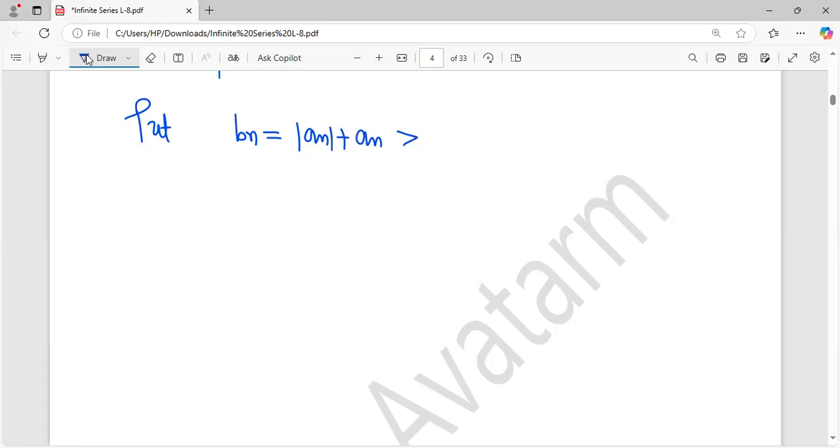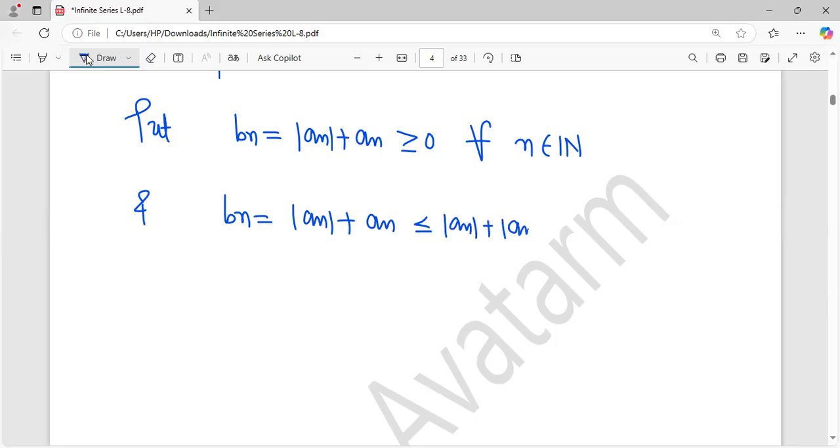Then this is always non-negative for all n belonging to N. And we see that b_n is equal to a_n plus absolute a_n, which is less than or equal to absolute a_n plus absolute a_n, that is equal to 2 times absolute a_n.